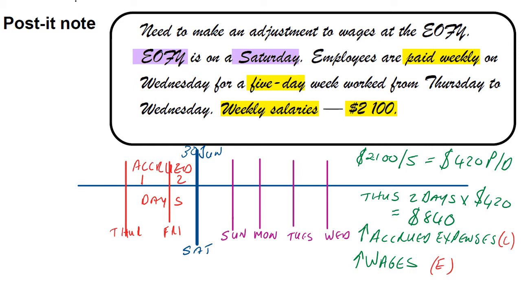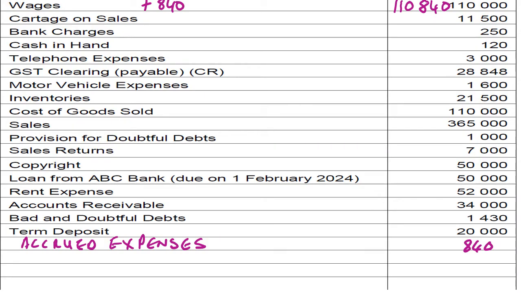An accrued expense is here a liability, not the asset. So hopefully you've picked that up. Accrued expense, the liability, would increase. If we go to our trial balance, I would just add the 840 to wages, which becomes 110,840, and accrued expenses, a liability, would have a credit balance of 840.